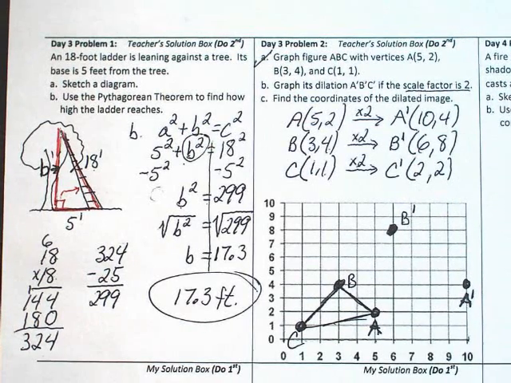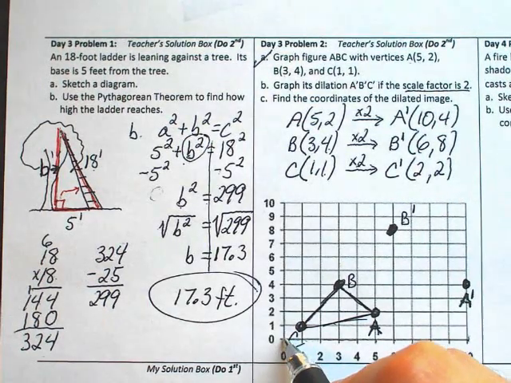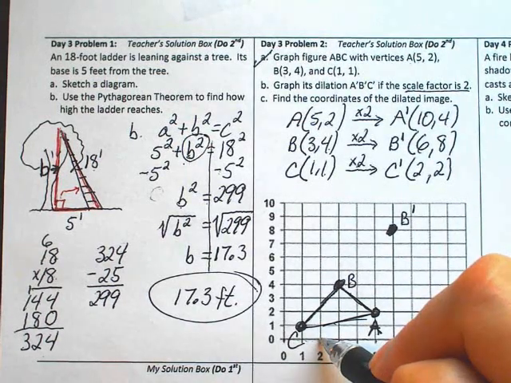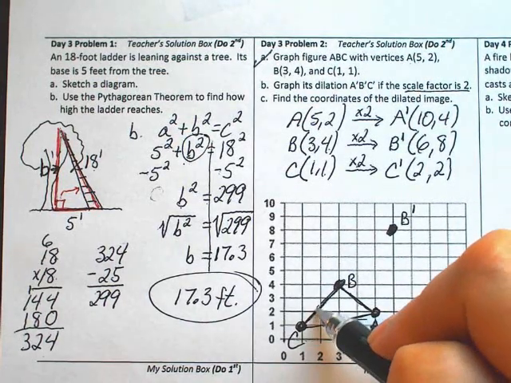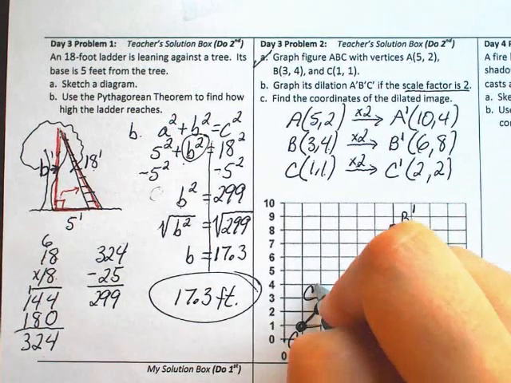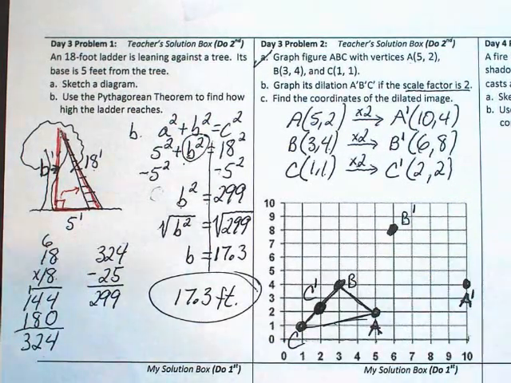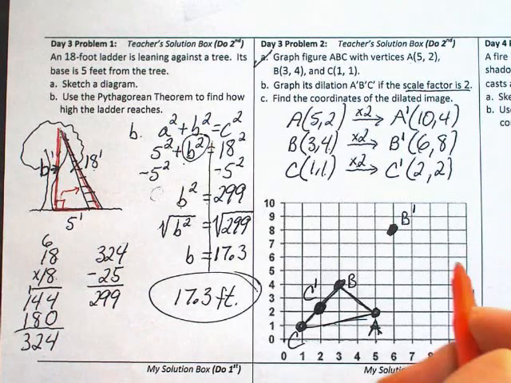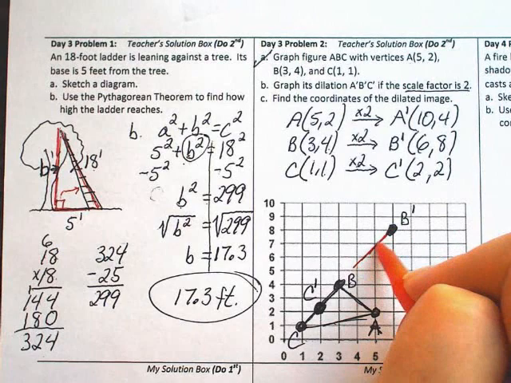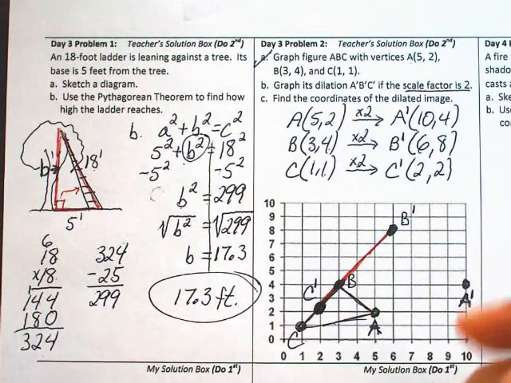C prime is at 2, 2. So here is the origin, 1, 2, and then up, 1, 2. Here's a dot, and this dot is C prime. And we can connect A prime, B prime, and C prime together to create a triangle shape.